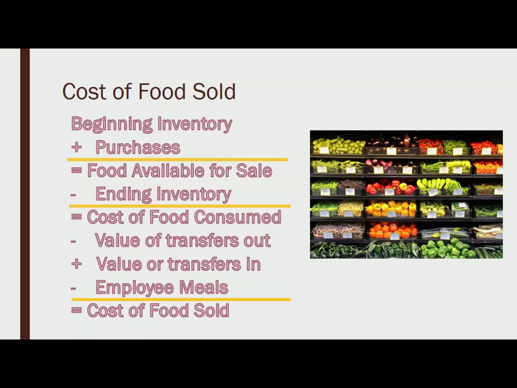Now, the cost of food sold. So if you take a look at our income statement, we see food costs as a dollar figure. It's not just a very easy mathematical formula to find out what the cost of our food was. Okay? We actually need to first start with our beginning inventory and then add what we've purchased.